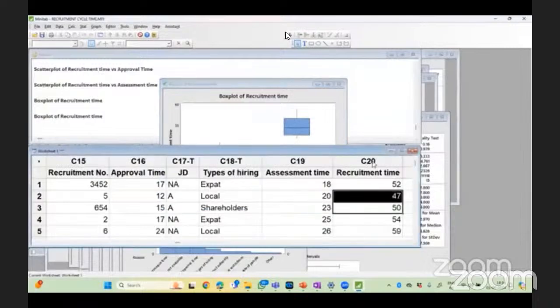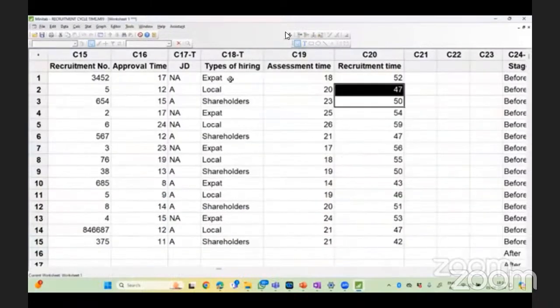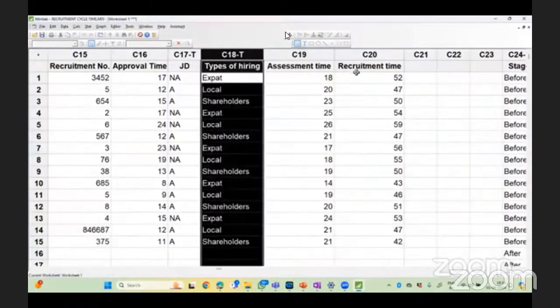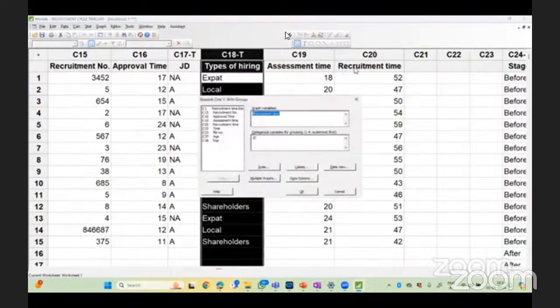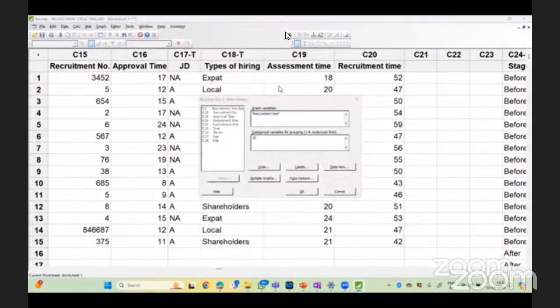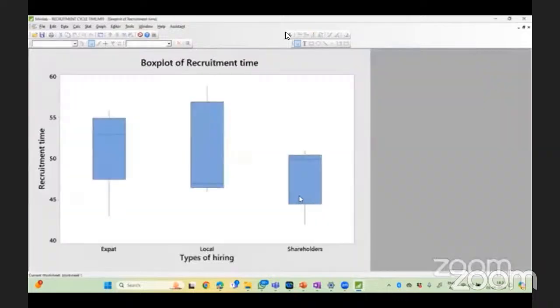And now if you take all these solutions, one more thing. Does the type of hiring affect the recruitment time? Let us see that as well. Type of hiring, does it affect? Oh, that is attribute data, so I'm doing a box plot.